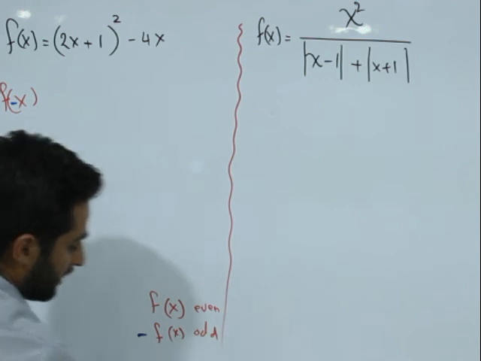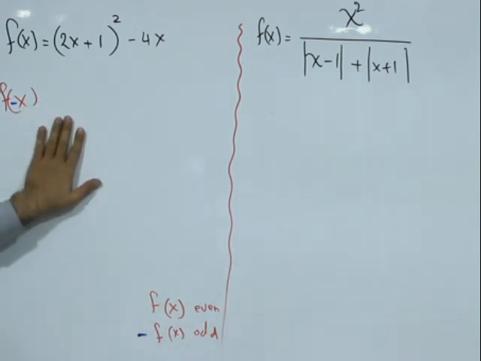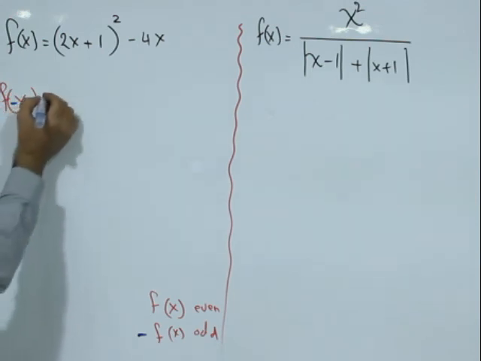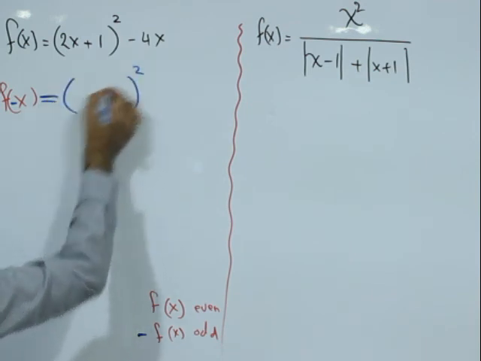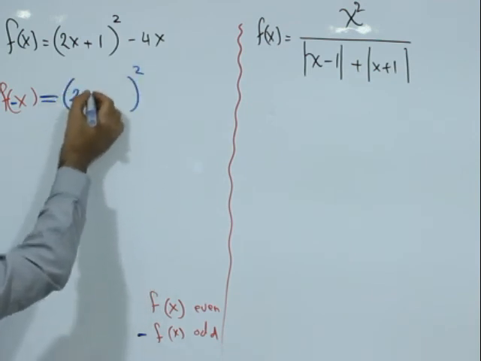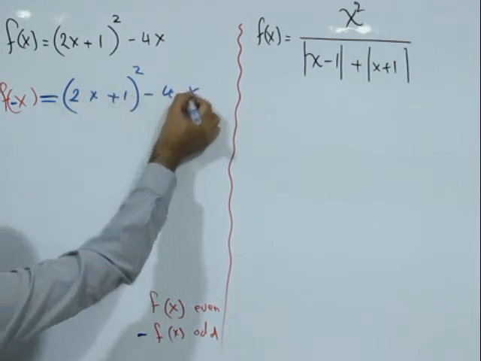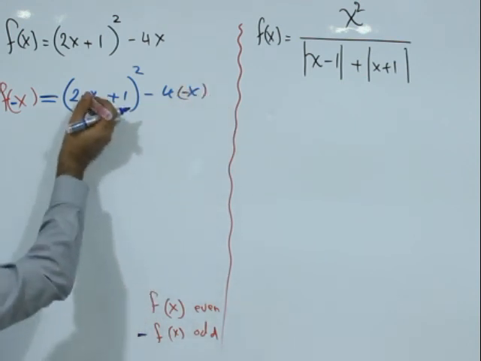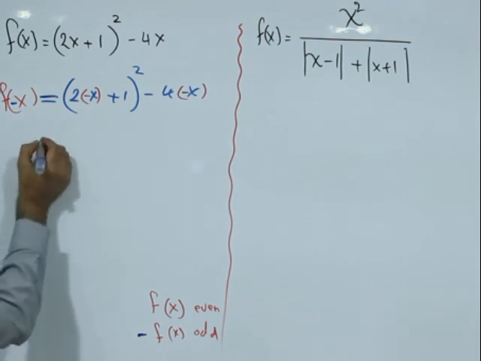Or if we use the rule of symmetry with respect to y or origin, we will say f of x is equal to (2x plus 1) squared minus 4x. But for this x, we will give a minus, and for this one, we will give a minus. Now, let's complete.